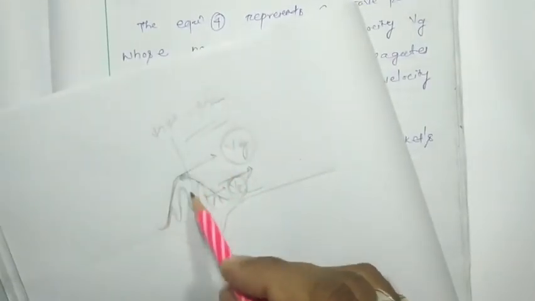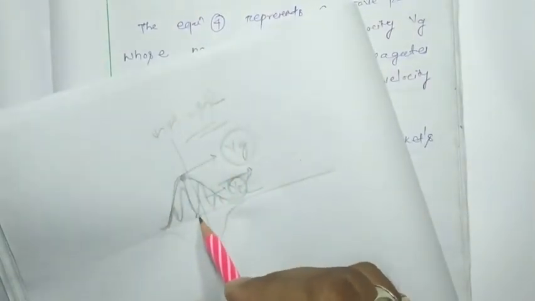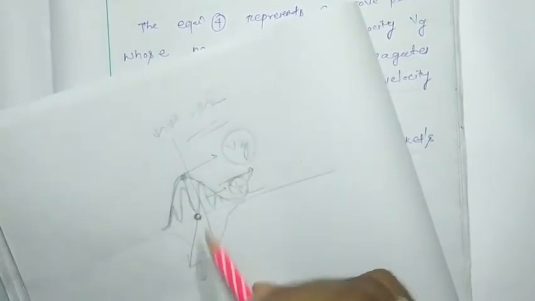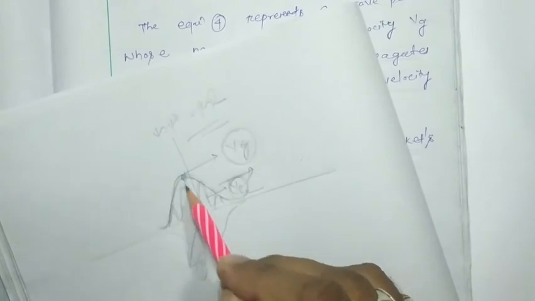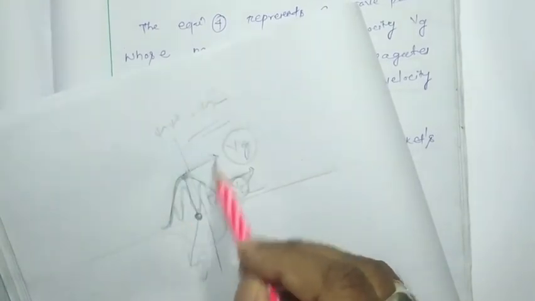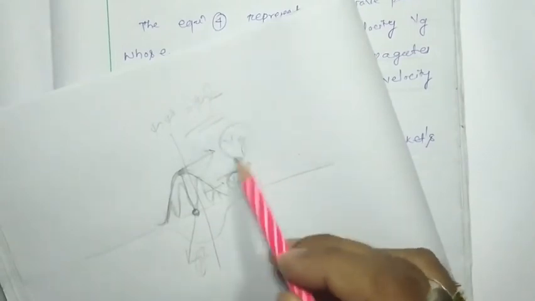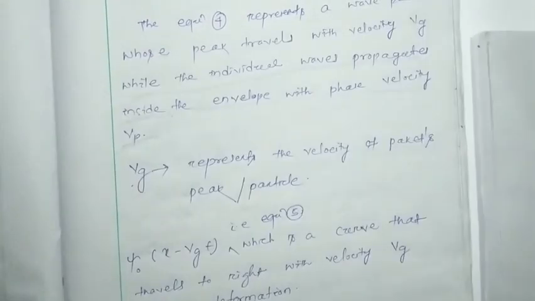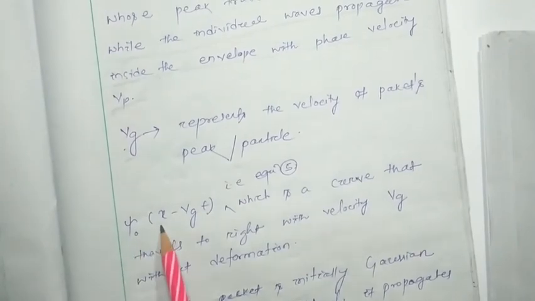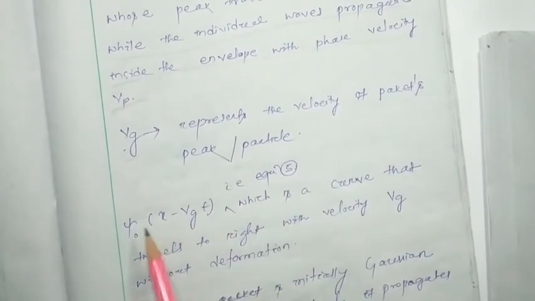This is the peak, and its corresponding position is called the particle. At the particle position the height of the peak is maximum, and this peak is moving with the velocity vg. That means we can say the particle is moving with the group velocity.